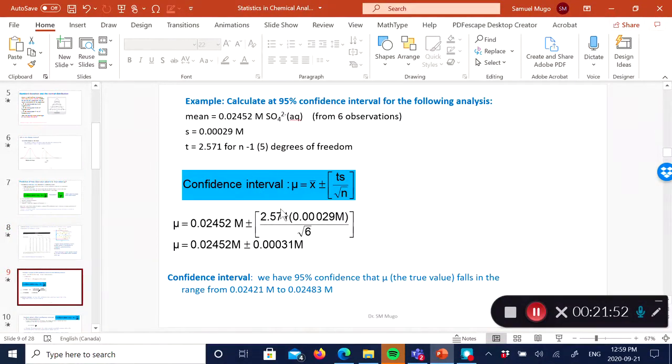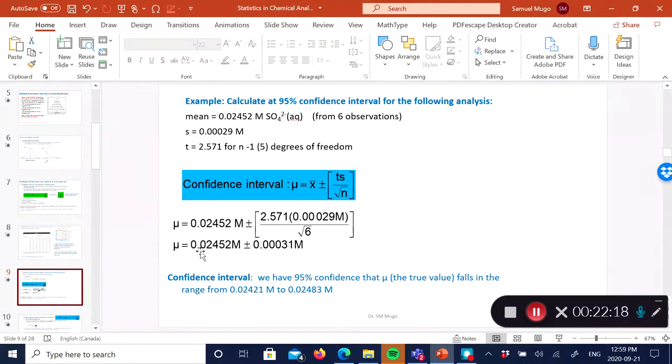And then after that, I can just simply substitute those numbers into my confidence interval equation. The X bar, that's the mean. The T is what I got from the table. And I've got my standard deviation, it's already determined. And then the root of n, the number of measurements, equals 6.